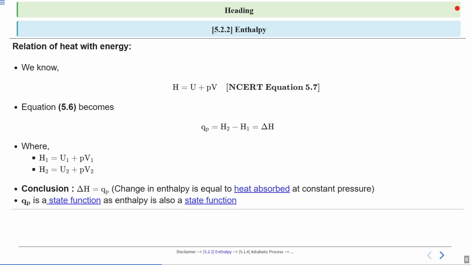A very straightforward point can be drawn: if enthalpy is a state function, then the heat change at constant pressure, which is QP, will also be a state function because delta H is equal to QP.